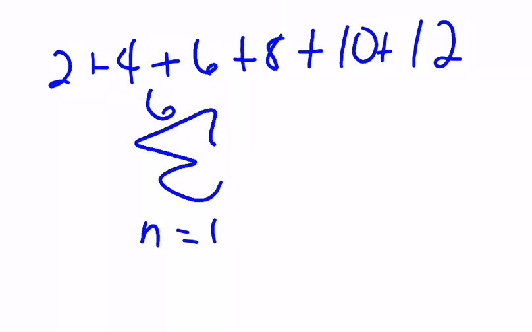So 2 times what gives me 4? 2 times 1, we could see if it's just 2 times n. 2 times 1 is 2, 2 times 2 is 4, 2 times 3 is 6. So our general rule would be 2n for this one, and we would get those terms.